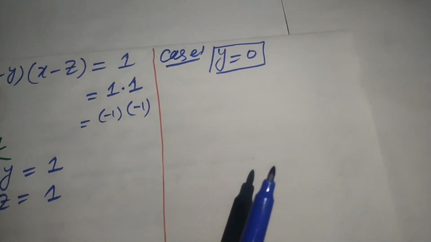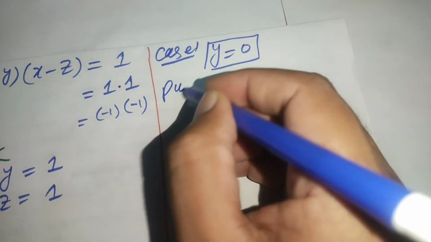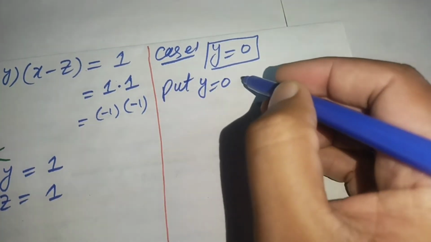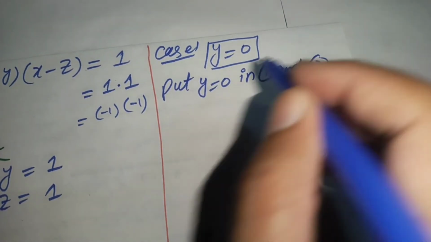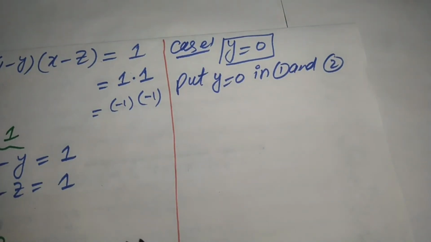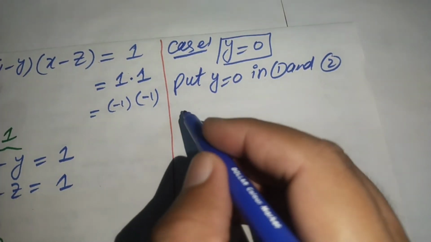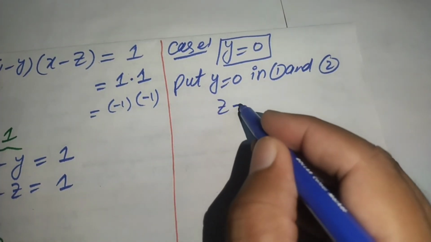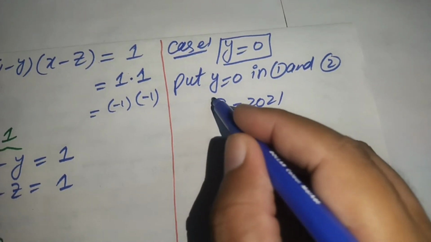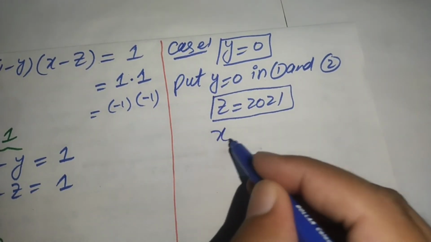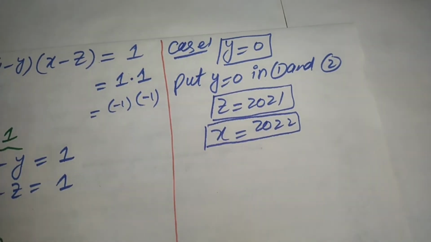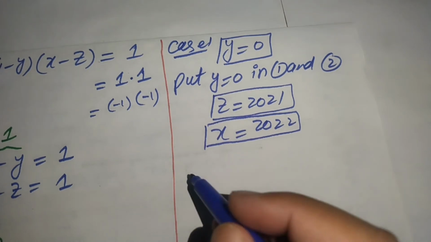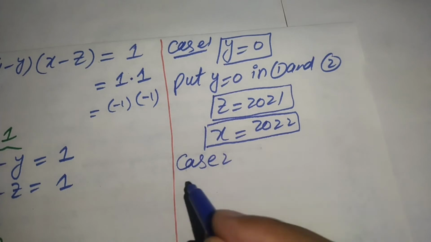When we substitute y is equal to 0 in 1 and 2, we will obtain z is equal to 2021 and x is equal to 2022. Okay, this is the integer solution of case 1, and similarly we find the solution of case 2.